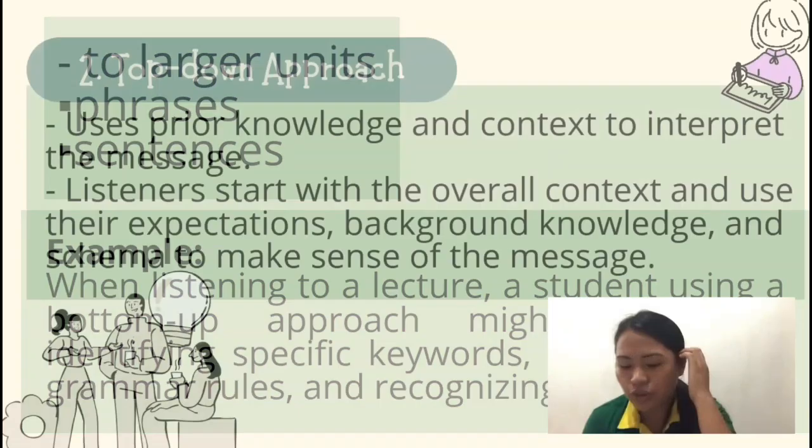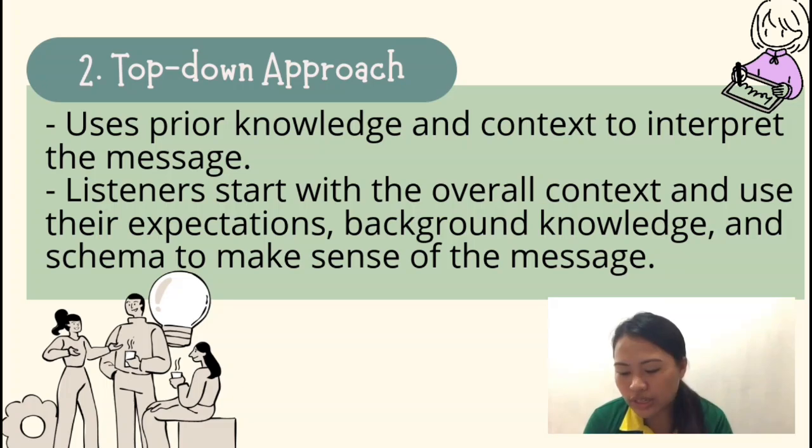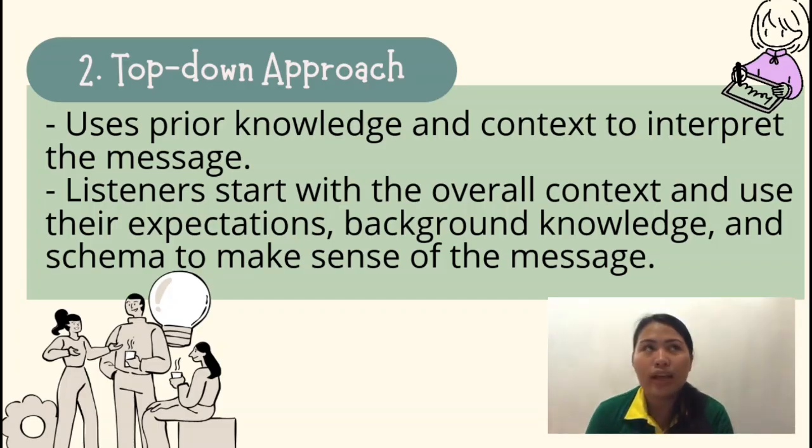So let's move on to our second approach, which is the top-down approach. The top-down approach is a way people understand messages by relying on what they already know. It is the opposite of the bottom-up approach because it uses prior knowledge and context.